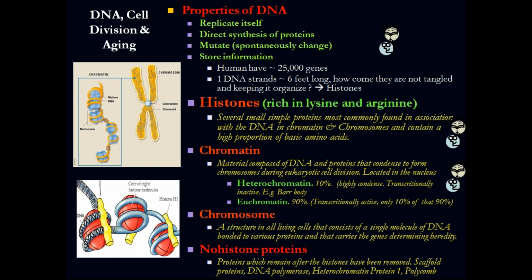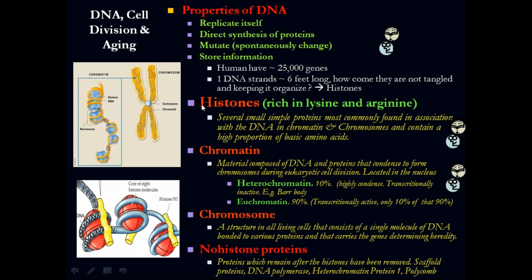About histones, the histones are just proteins, as you see here, where the DNA is going to coil around. This means that the purpose of this is to organize the DNA systematically and not let it get tangled.